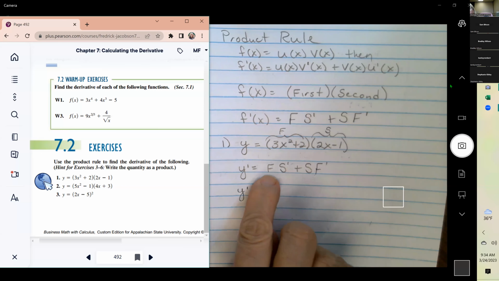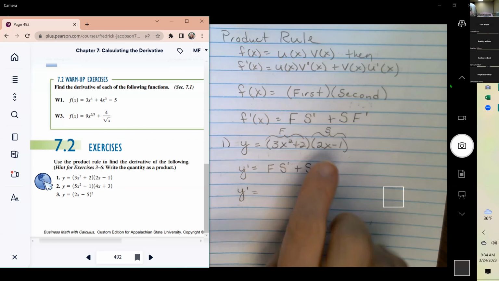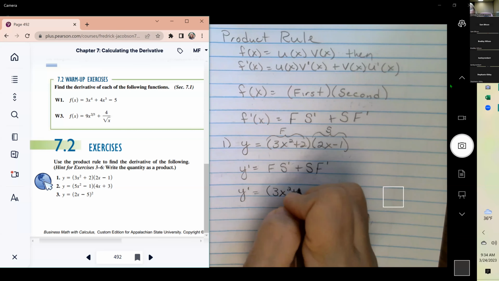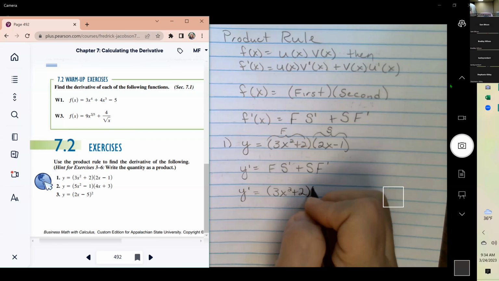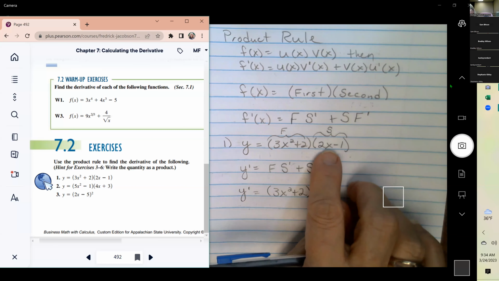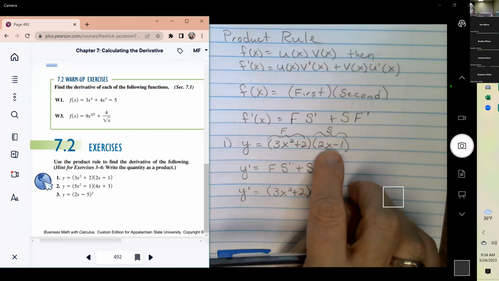Write down the first, 3x squared plus 2. And then we take the derivative of the second. What's the derivative of 2x minus 1? Anyone? 2. Mm-hmm.